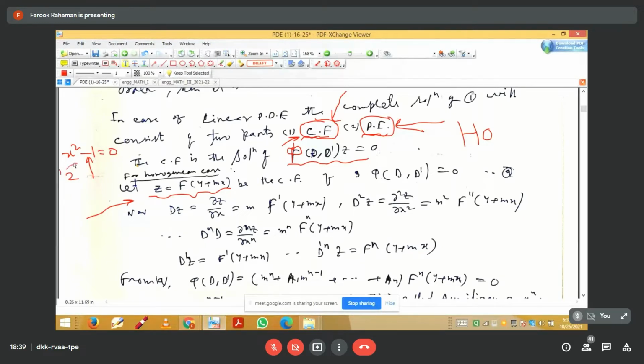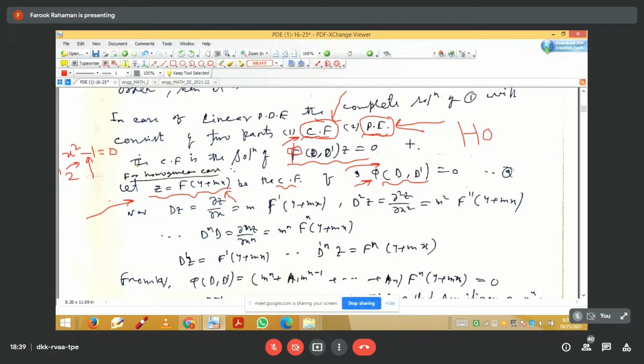Similarly, if z is a solution, CF means one of the solutions, then this solution should satisfy this equation. In our usual idea, if we assume this is a solution, then that solution should satisfy the original equation. Now this is our original equation, and we have assumed the solution is of the form, so this solution should satisfy this equation.